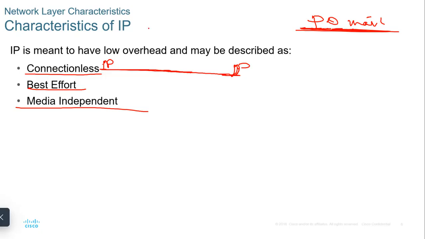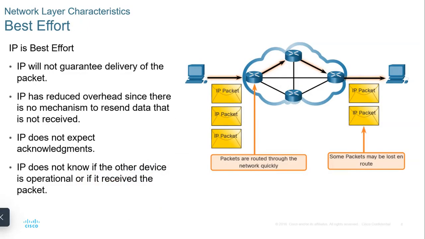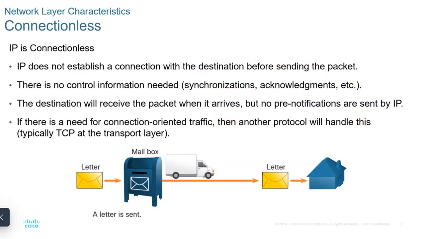Best effort, media independent. When it comes to media independent, whichever media you're using, it needs the IP address, be it fiber optic cable, wireless, or copper cable. So when you look at this, IP is connectionless, as you can see.